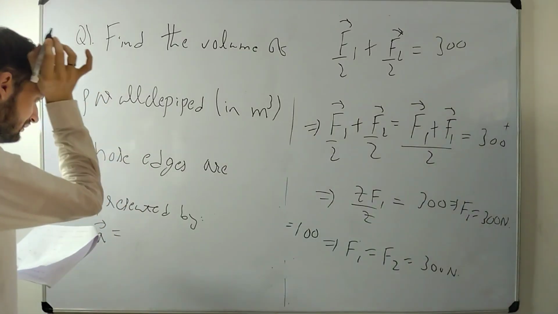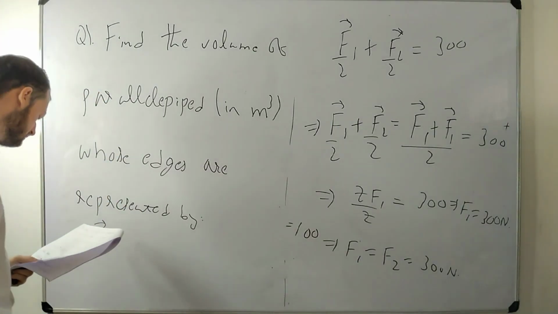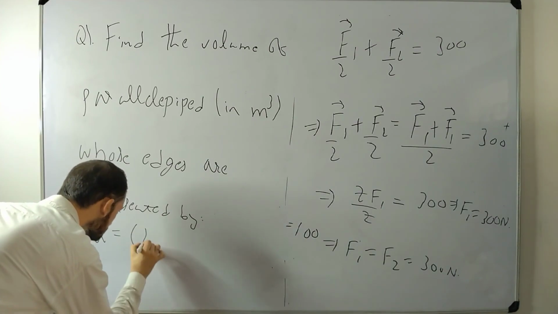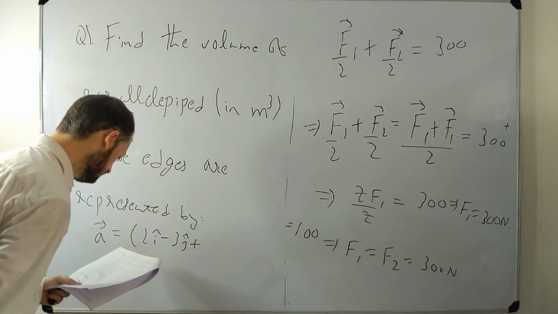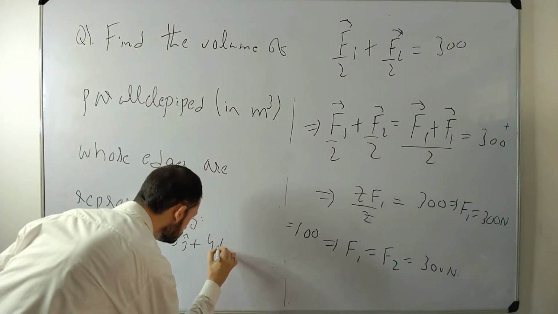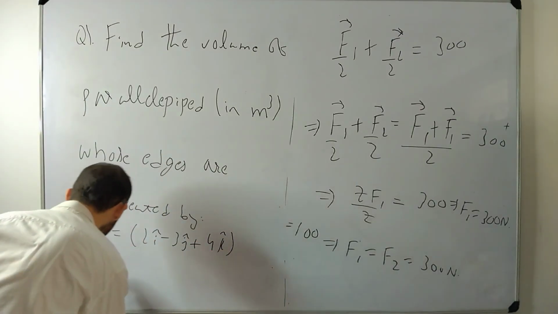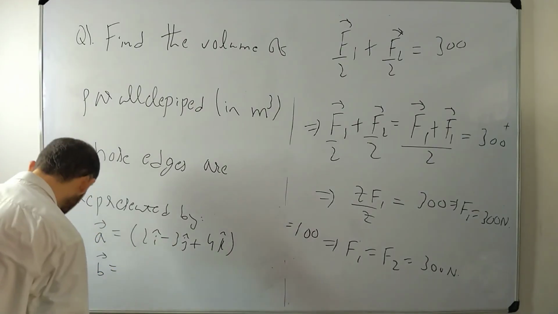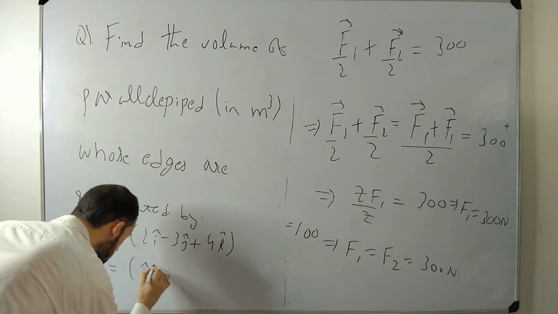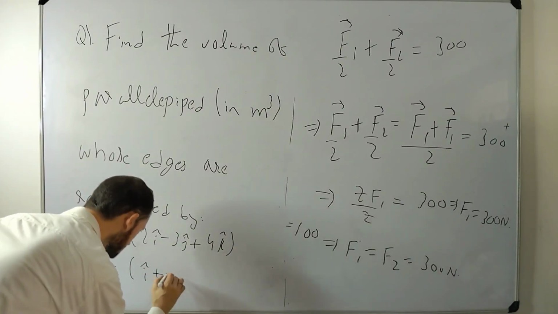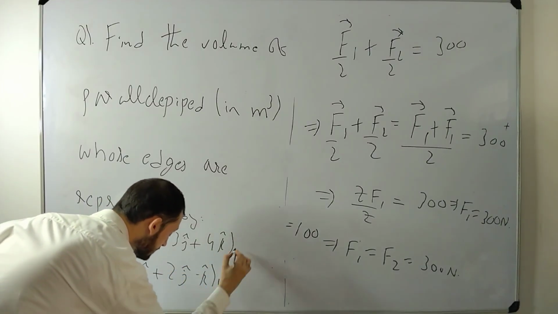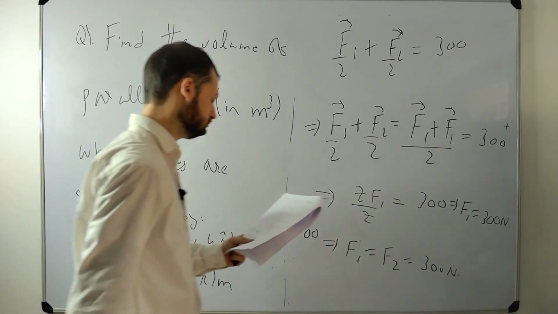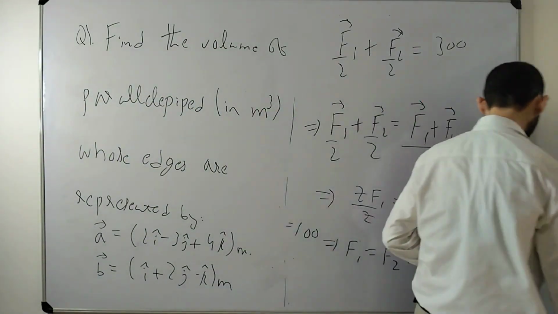What is the value of the A vector? 2 I cap minus 3 J cap plus 4 K cap meter. B is I cap plus 2 J cap minus K cap meter. Then what is the C vector?